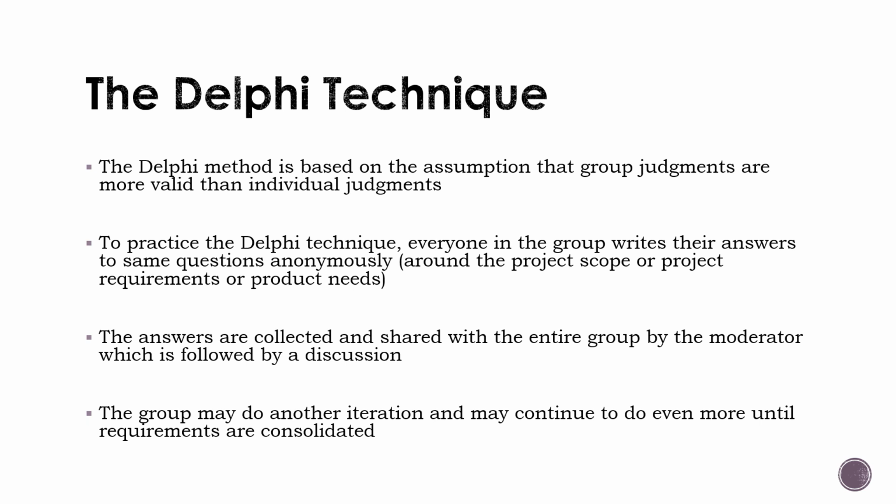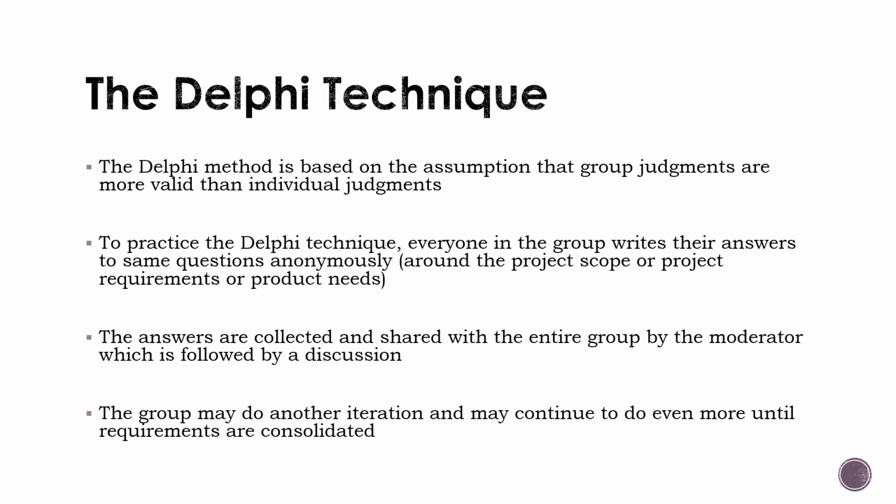The first time the answers come in, they could be very, very vague. But when you, as a moderator, read out all those answers, people will try to consolidate their requirements and they will be influenced by the requirements mentioned by other folks. So in the second iteration, when you ask your group again to provide answers to that questionnaire, the answers you receive won't be as vague.